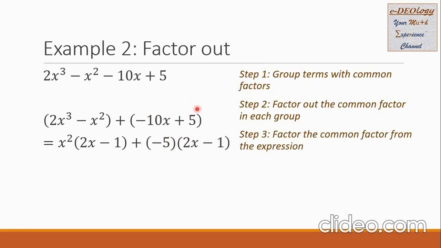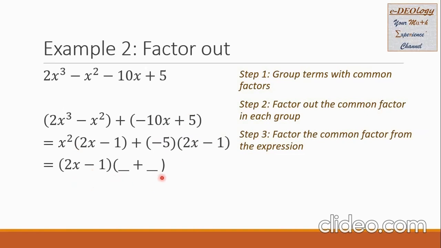And then for step 3, we will factor the common from the expression. So from the two big groups, the common factor is that binomial 2x minus 1. So I'm going to pull it out. So 2x minus 1 is now here.